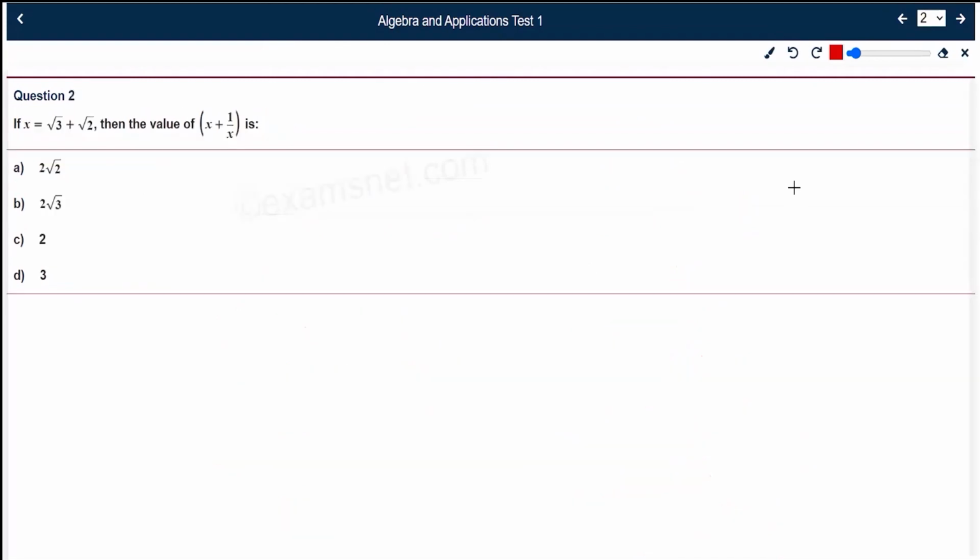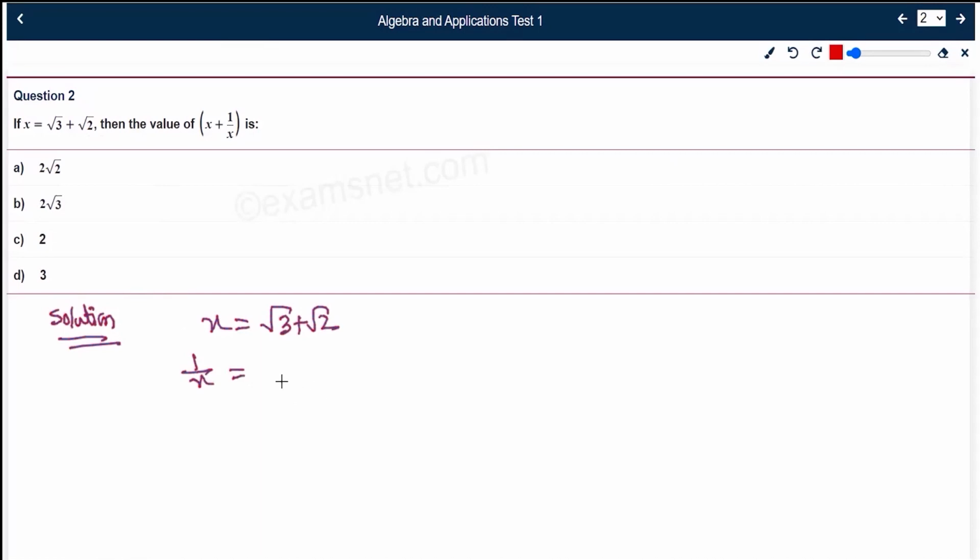Now let's move towards the next sum, which is: if x equals √3 plus √2, then the value of x plus 1 by x is? Okay, so let's start with the solution. First write x equals √3 plus √2. Now, what will you do? We are going to find the value of 1 by x.